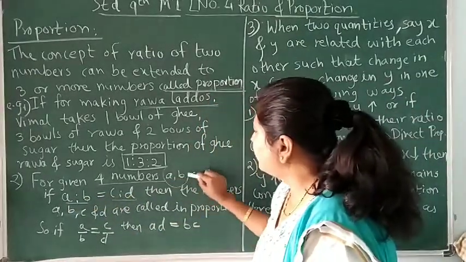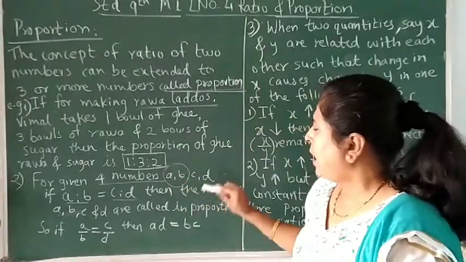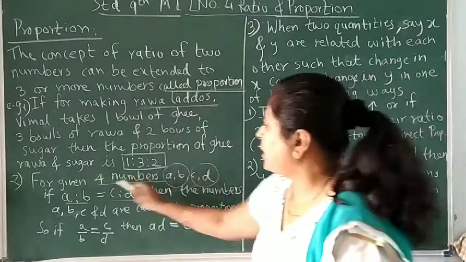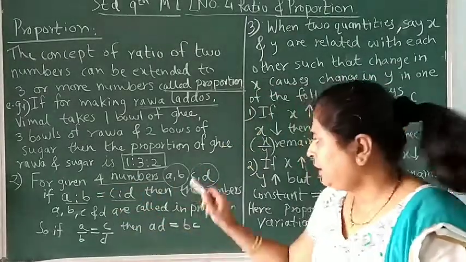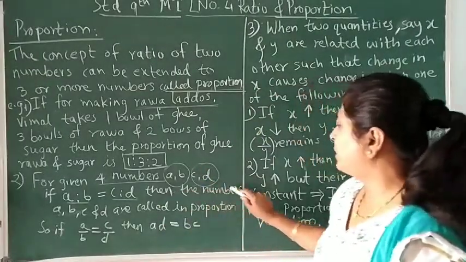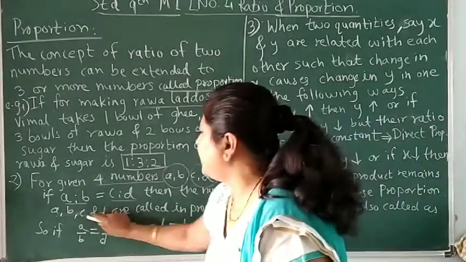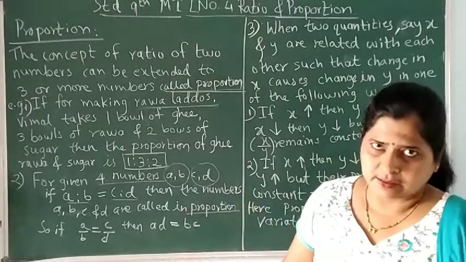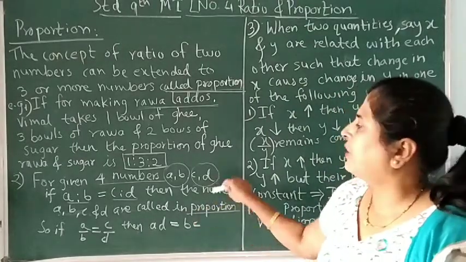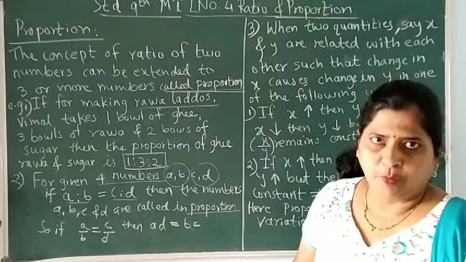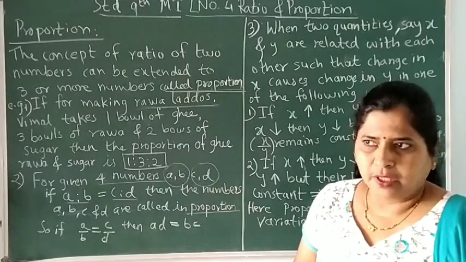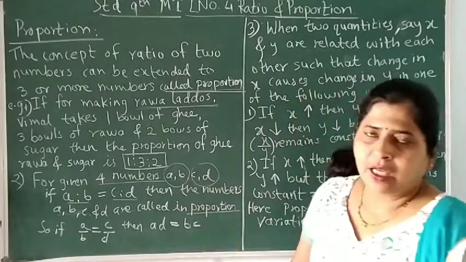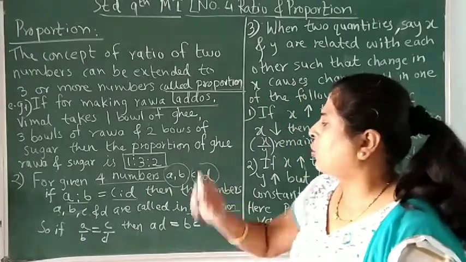If we take the ratio of the first two numbers and the ratio of the next two numbers, and these two ratios are equal, then we say the numbers A, B, C, D are in proportion. So where the ratios of four numbers, taking two at a time, are equal, they are called in proportion.